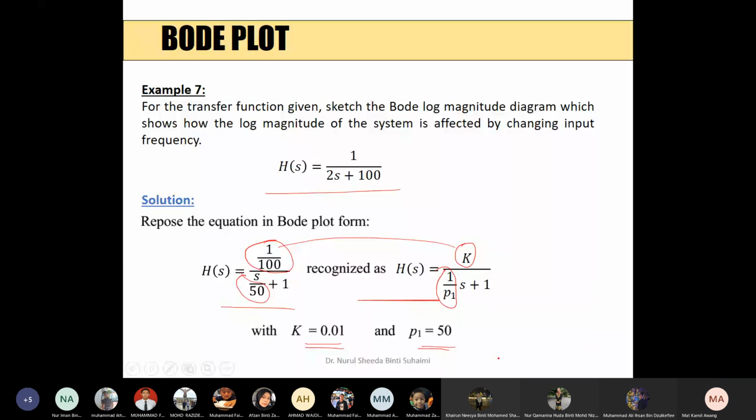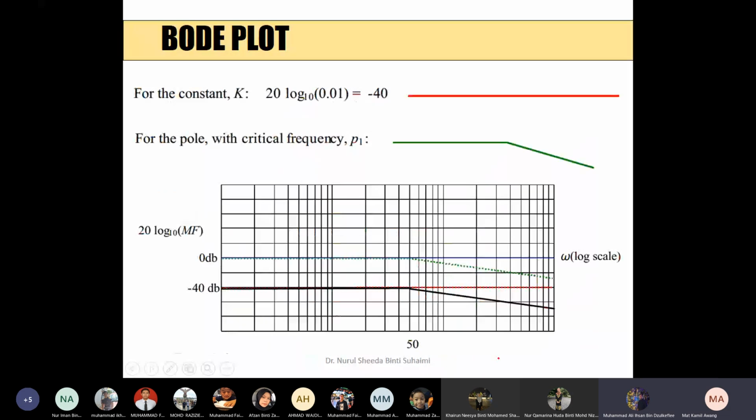So from here, for a constant K, you have a straight line at minus 40 dB, because 20 times log 10 of 0.01 is minus 40. So you get this red line, a straight line.